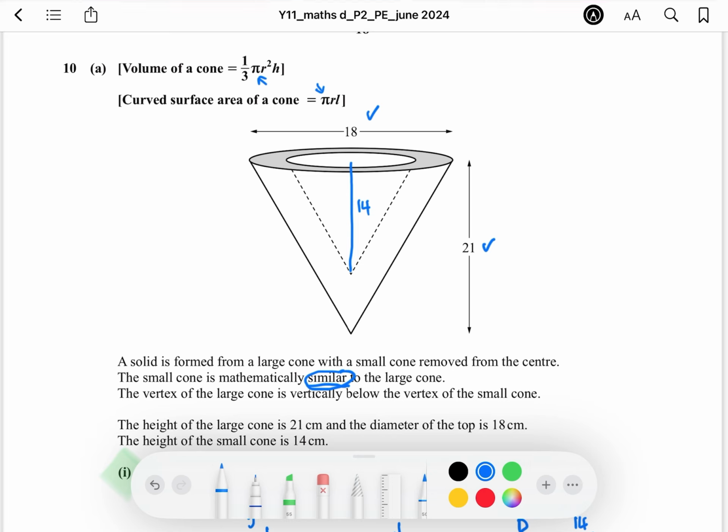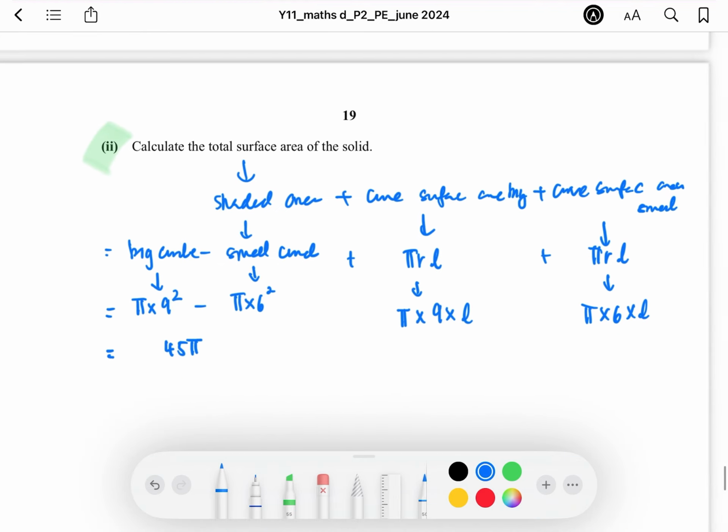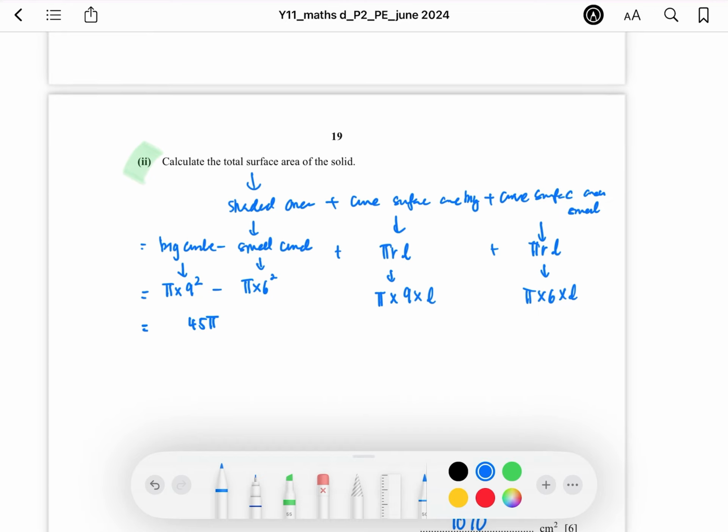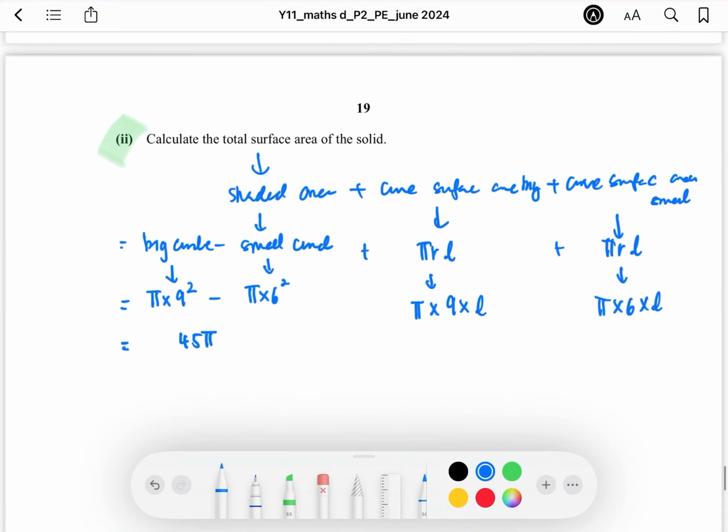So the slant height for the smaller one, that's 14, and we know that is 6. So this is the slant height, which if you see, that is a Pythagoras theorem question. So in order for me to find that, I need to find my L first.